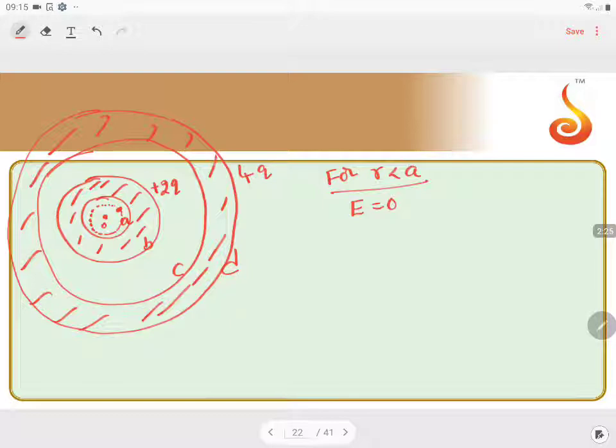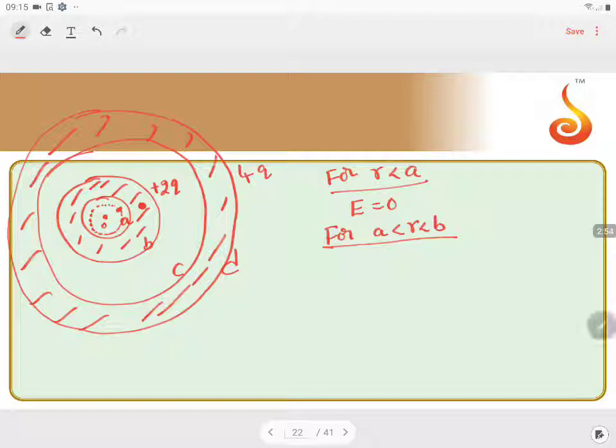Then for r in between a and b, somewhere here, inside the material of the inner shell. So for a less than r less than b, when the point is inside the material of the inner shell, since it is a conducting shell, electric charge will not be there, and electric field also will not be there.